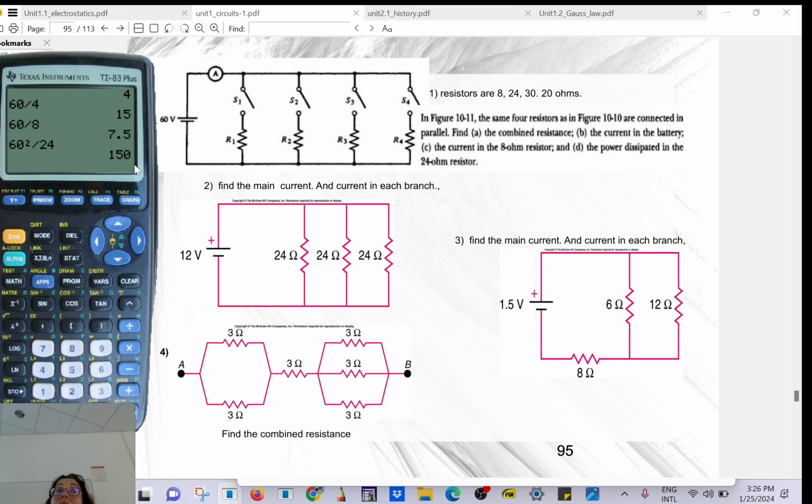Very good. So joules per second. It's Joule's effect. It's turning electrical energy into heat. What was the answer? 150. The power dissipated in a 24 ohm resistor is 150 watt. Any question? Right?